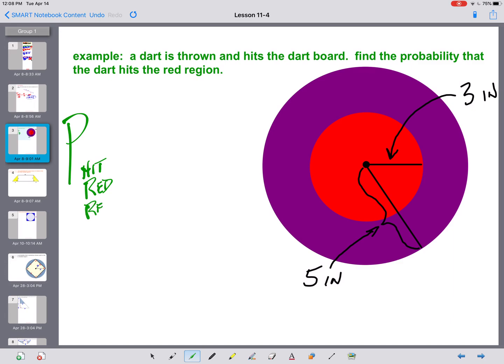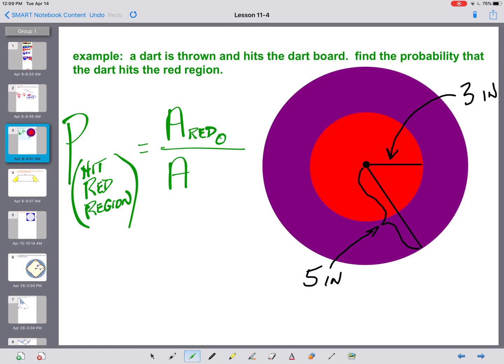Our formula is the number of ways you could be successful over the total number of ways. In this one, we're not looking at number of ways, we're looking at area: the area of the red circle divided by the area of the total, or the big circle.